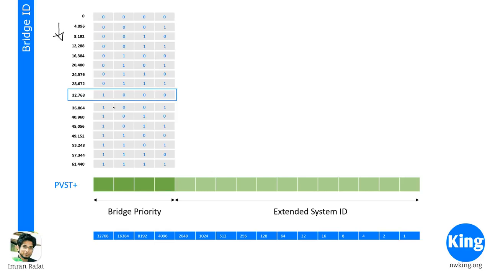Now, when you're working on Cisco switches, you always have to remember that 32768 is by default the priority, plus you will add the extended system ID. So this will be 32768, and then if you're working on VLAN 1, it will be 1, so 32768 plus 1, 32769 would be the bridge priority for VLAN 1, right?